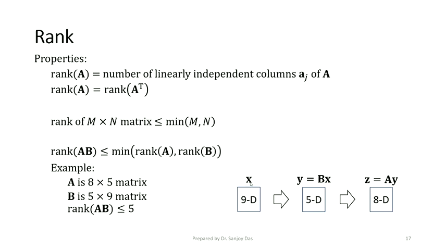X is 9-dimensional, so Bx is 5-dimensional. So from 9 dimensions, I'm compressing to 5 dimensions, Bx. And then I multiply this Bx with A. ABx, I get something that's 8-dimensional. The z here would be 8-dimensional.